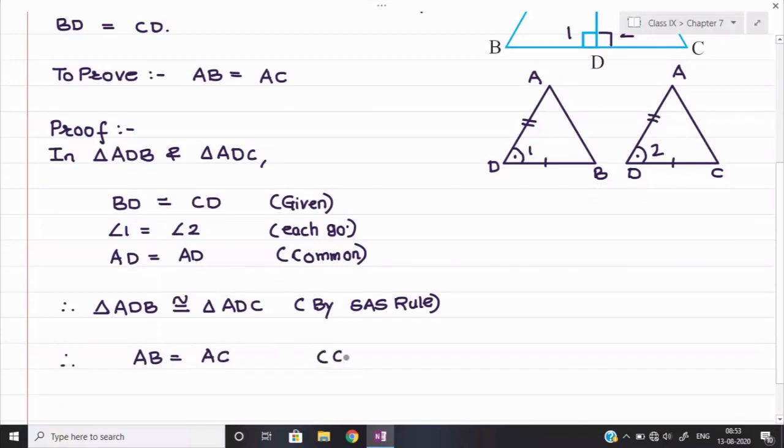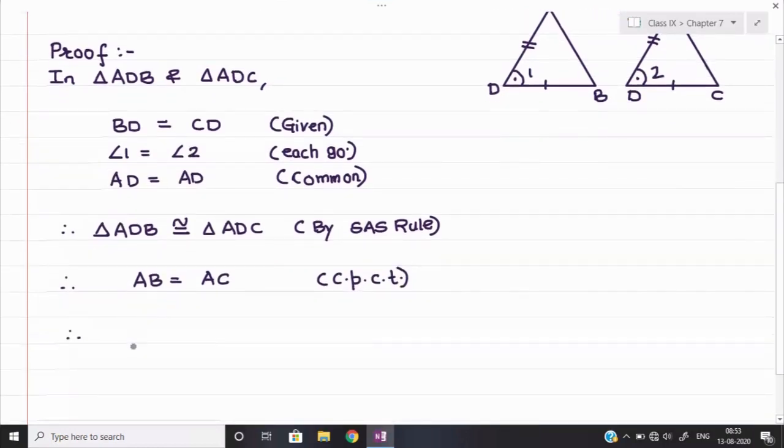With the help of CPCT. So we can say therefore AB and AC are equal. Now we can define it in one more manner. We can say triangle ABC is an isosceles triangle. Okay, and this was only required to prove. So at last we should mention here, hence proved.